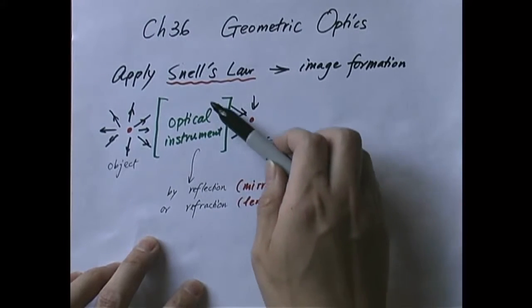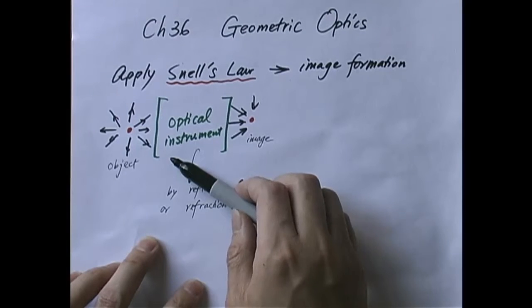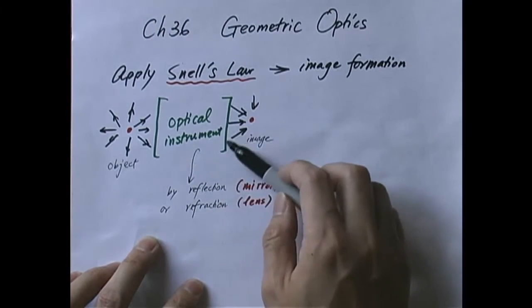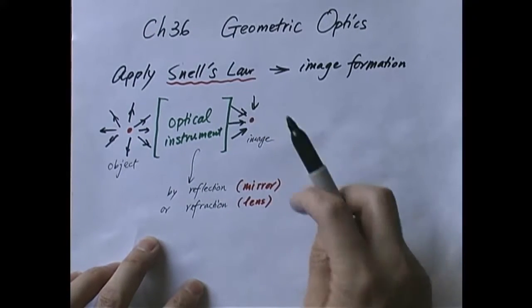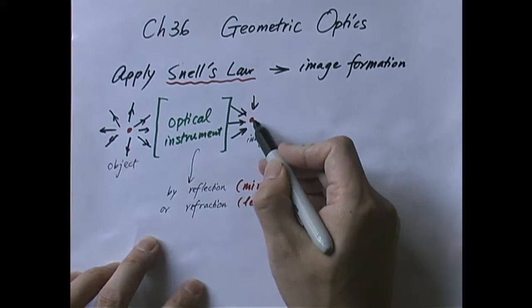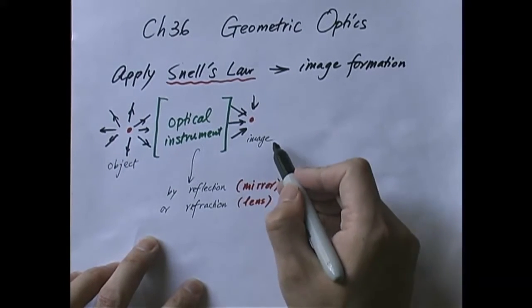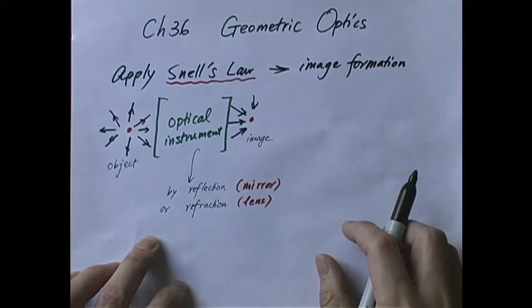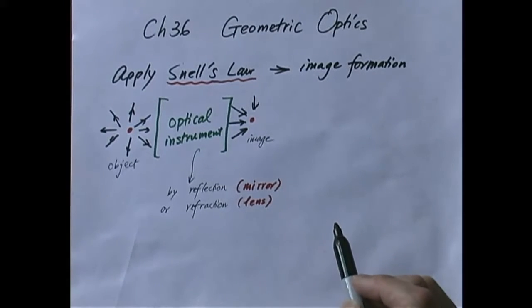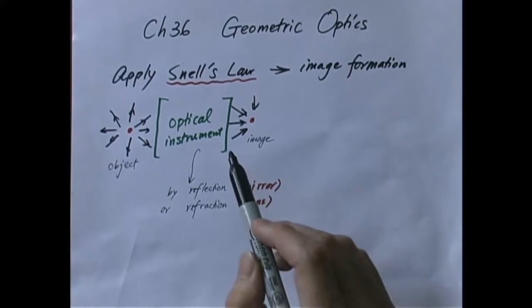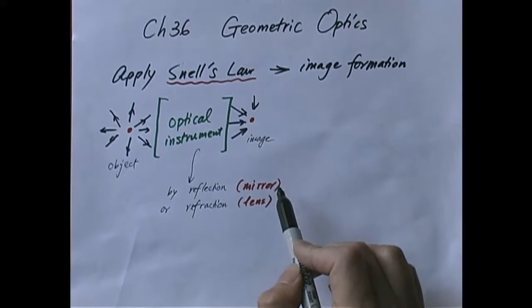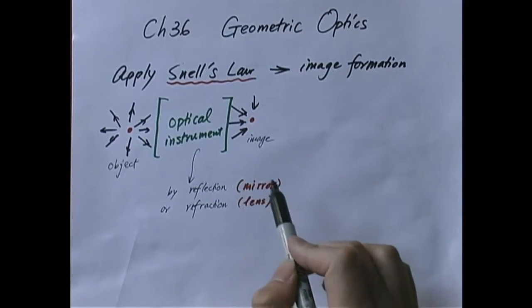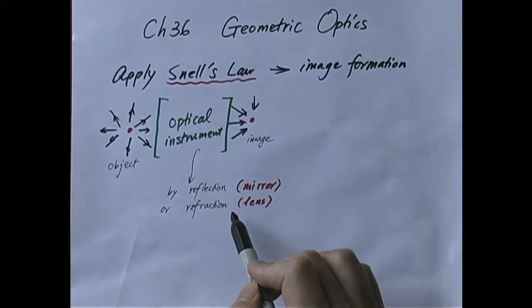And whatever happens, after the light rays get processed by an optical instrument, they come this way and merge at that point, and that point would be the image formed of this object due to the optical instrument in question. Again, if the optical instrument is of a mirror type, then it forms an image by reflection, and if it's of a lens type, it forms an image by refraction.